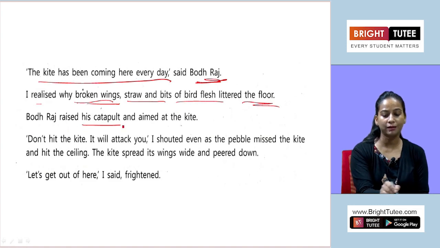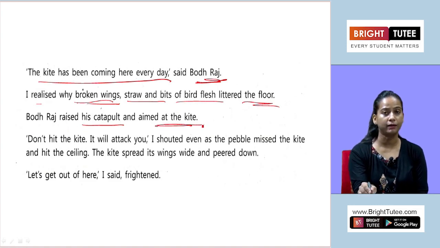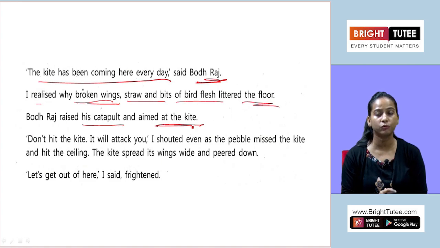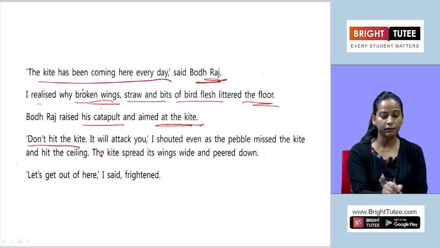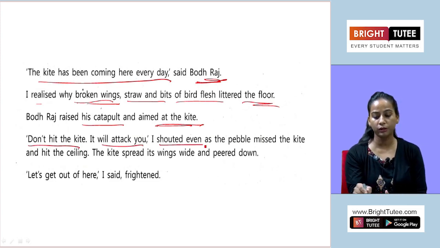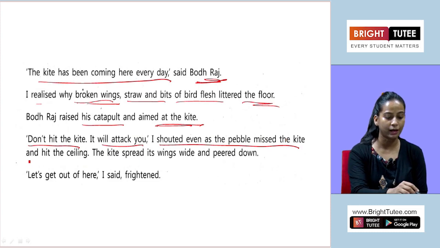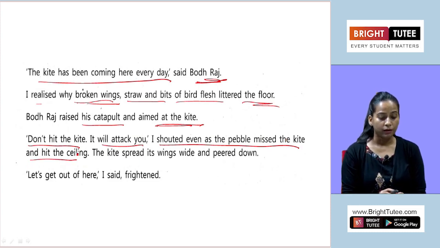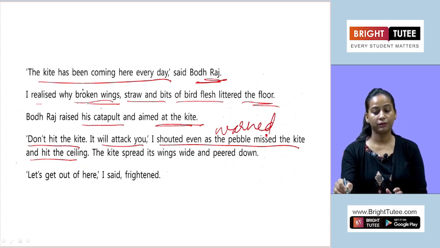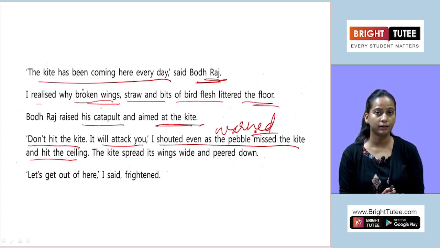Bodhraj raised his catapult and aimed at the kite. Now instead of aiming at the nest or the small birds, he aimed at the kite. Don't hit the kite, it will attack you, I shouted, even as the pebble missed the kite and hit the ceiling. The narrator warned Bodhraj not to hit, because if he hit that kite, it would definitely attack him.